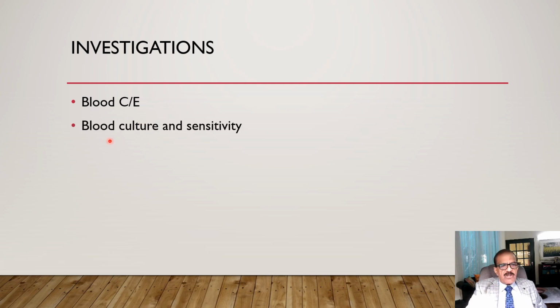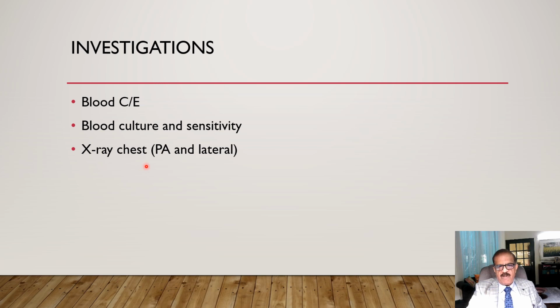So blood culture is very good, but sorry, blood simple examination, because it is acute inflammation, we expect some findings, and I'm going to show you in the next slide what are those findings. So simple blood complete examination, or we call it CBC these days, or blood culture and sensitivity.